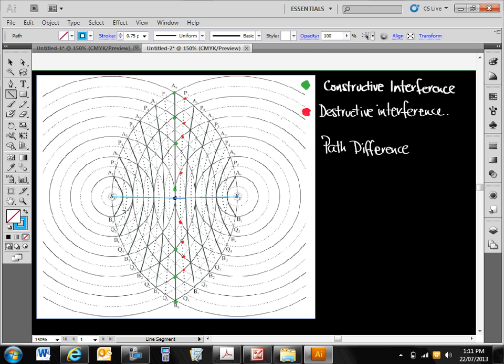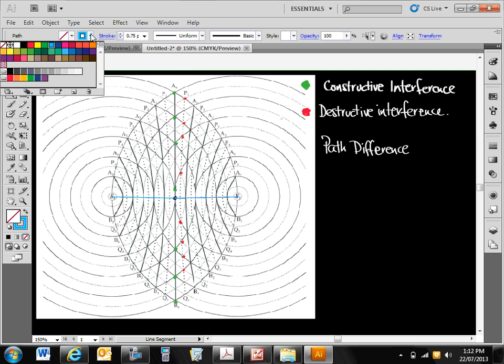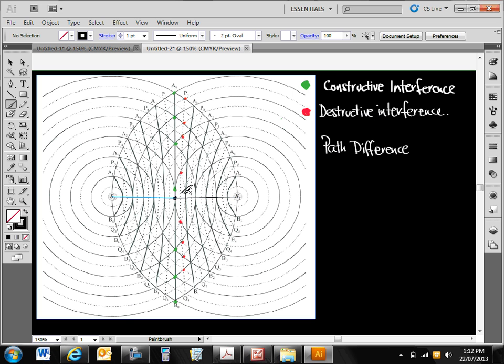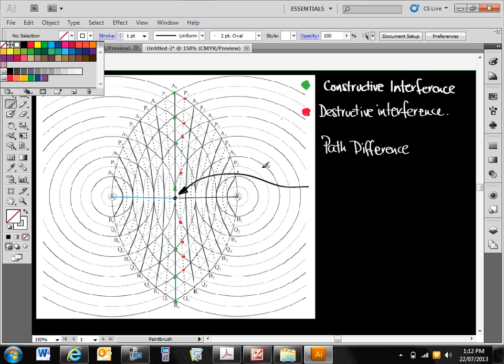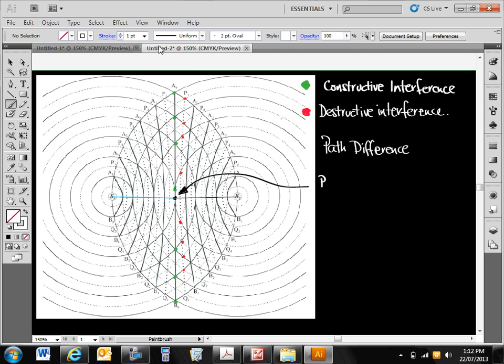And it's the same over here. 1, 2, 3 wavelengths. Path difference of 0 between them.